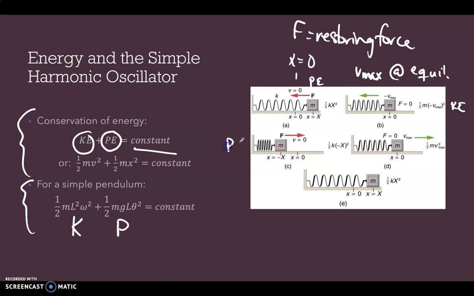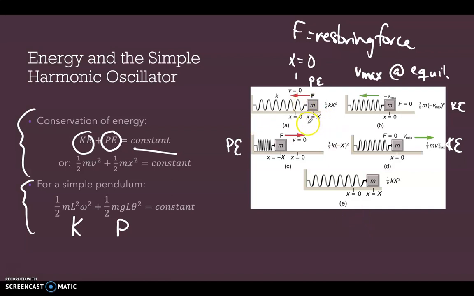Then when it compresses past the equilibrium to this negative x amplitude, it's again going to have some potential energy. Note that in this figure it also says that the velocity equals 0 at these 2 points. That's because it is switching direction, slowing to a stop and then going the other way again. And then we have again this midpoint where we have kinetic energy with some velocity, V max, and so forth.